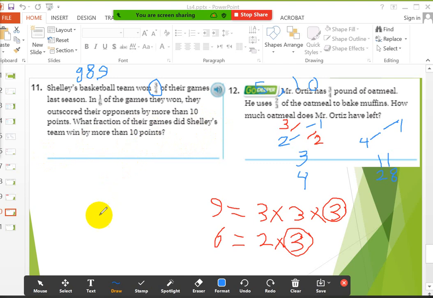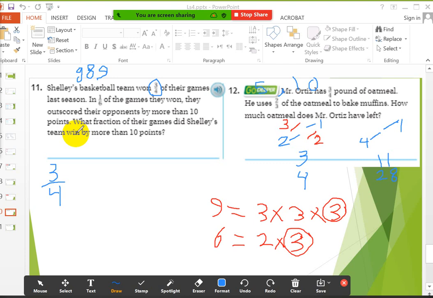Okay, the idea here in this problem is that the number of games that they won is 3 over 4. And 1 over 6 from those games was more than 10 points, or they outscored their opponents by more than 10 points.